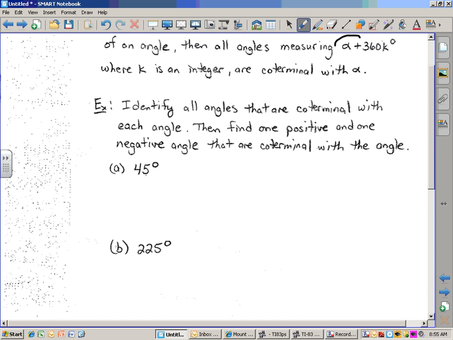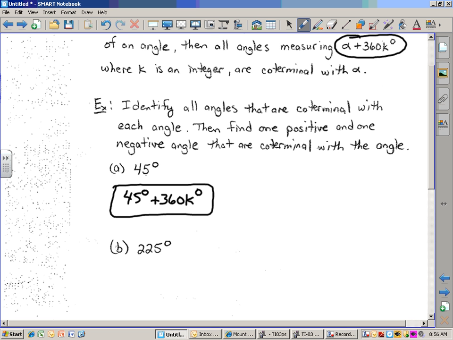This represents all coterminal angles. So since our first angle is 45 degrees, all coterminal angles are represented by 45 degrees plus 360k degrees, where k is an integer. 0, 1, 2, 3, negative 1, 2, 3. Okay, positive and negative counting numbers.